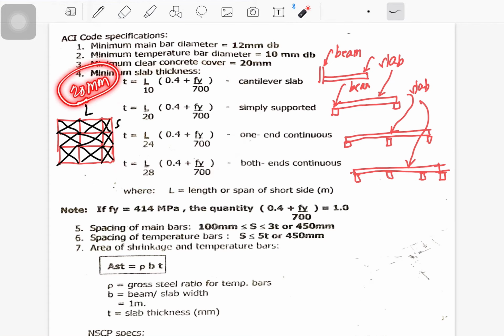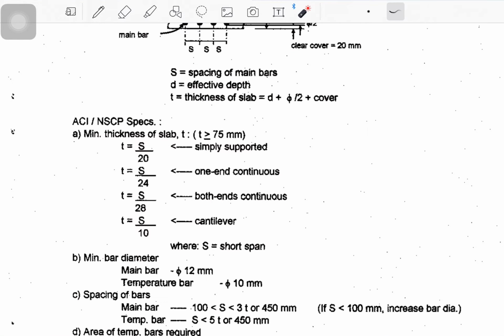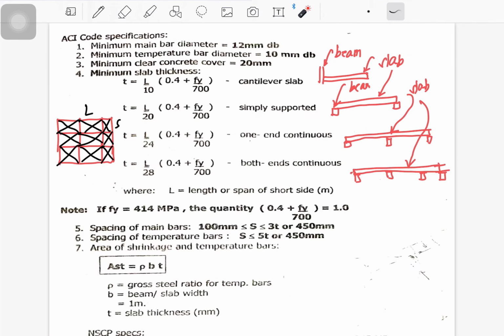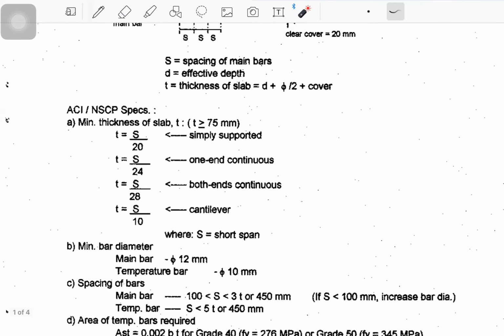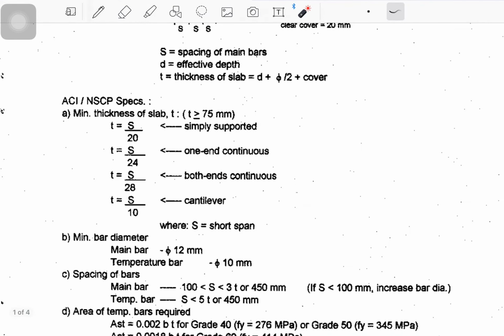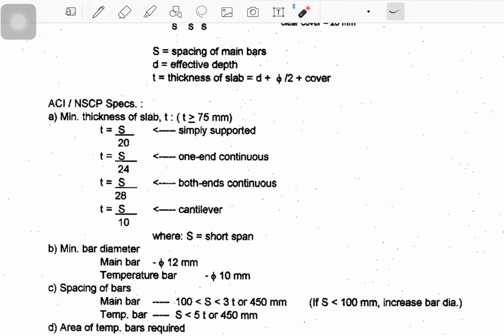So you can use this or that calculation in your notes. Since I use these notes, I will use this calculation in my problems. If you use your notes, you can also use that computation or formula.